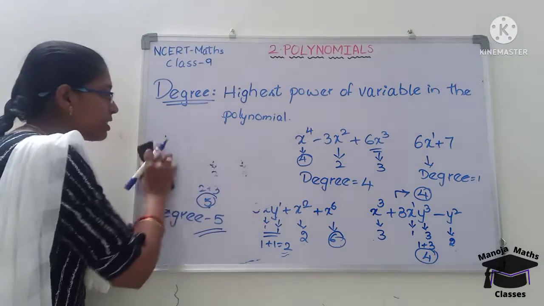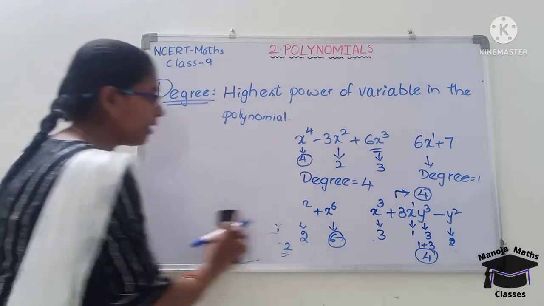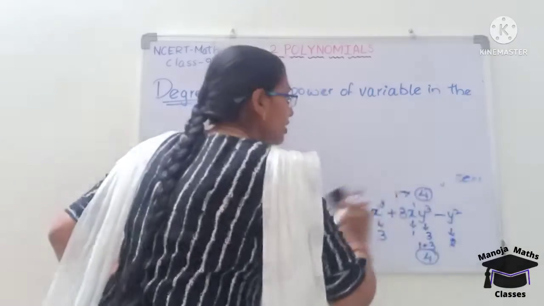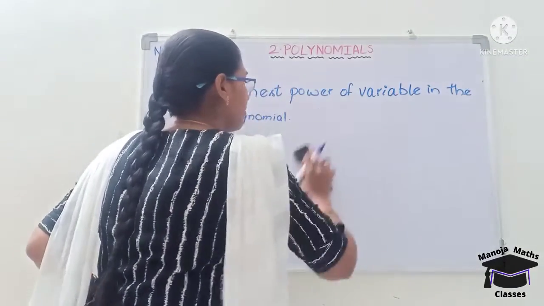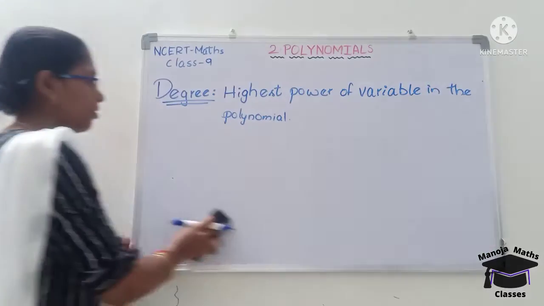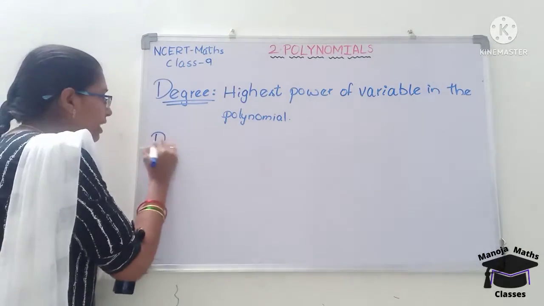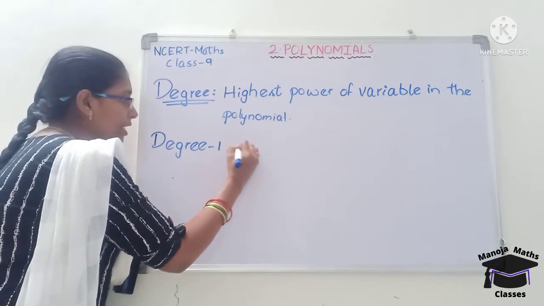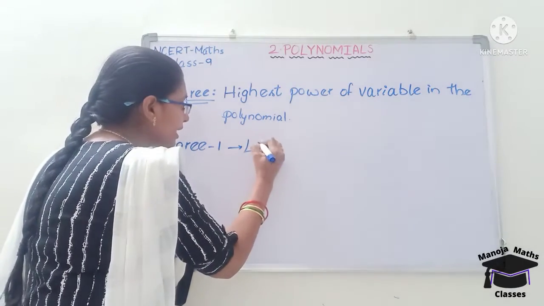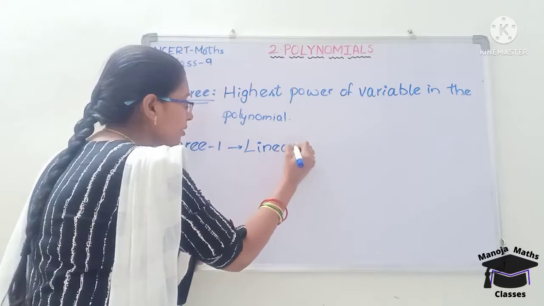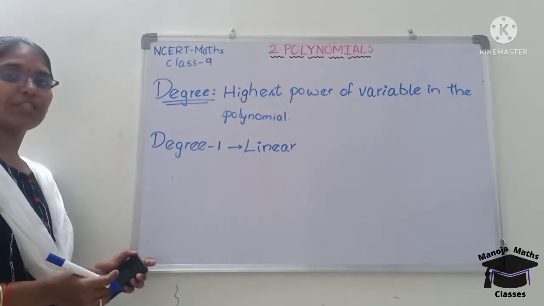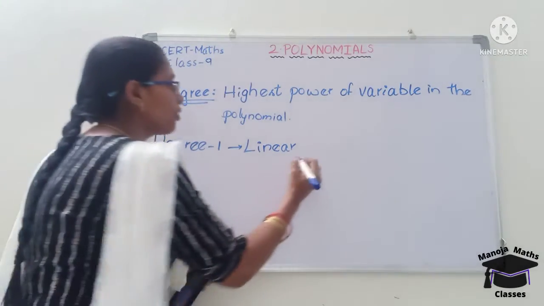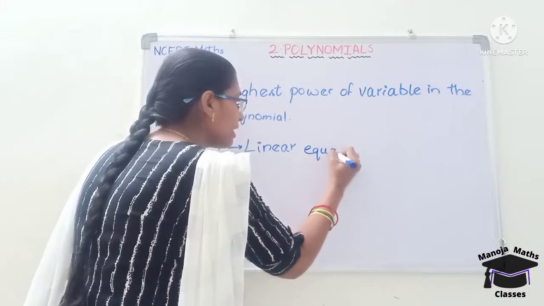So based on this concept of degree, there are different types of algebraic expressions. If the degree of the algebraic expression is 1, it is called linear. If the equation or expression has degree 1, such an equation is called a linear equation.